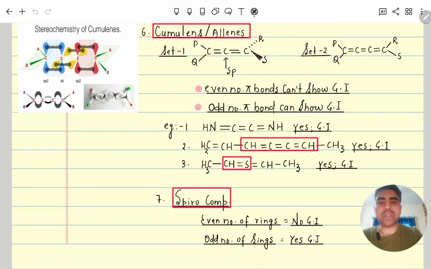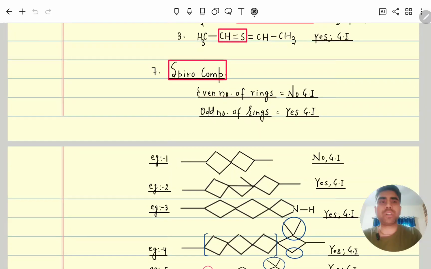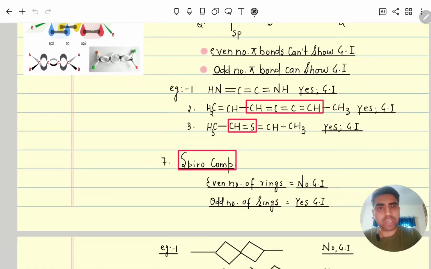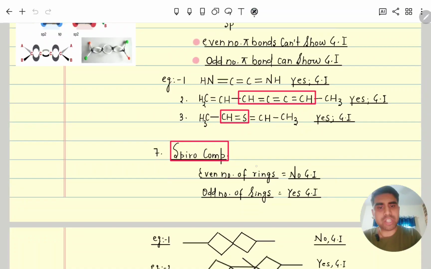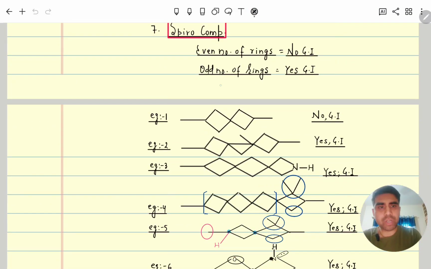Next, coming to spiro. Spiro means one common carbon will be there, and a homocyclic ring will be there. An even number of rings will show no GI and odd will show GI, because we know that one double bond has degree of unsaturation 1. Similarly here, one ring also has degree of unsaturation 1.